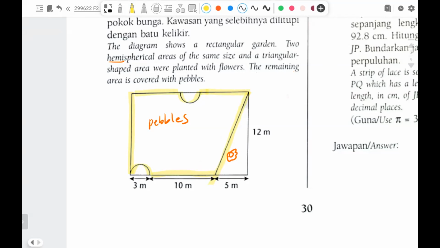Before we proceed, just let me ask a stupid question first. Half circumference plus another half circumference is equal to what? 1/2 plus 1/2 equal to 2 half circumference.